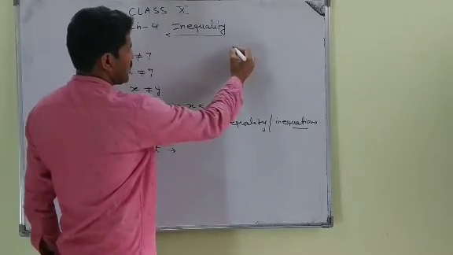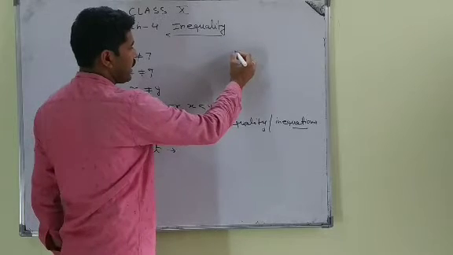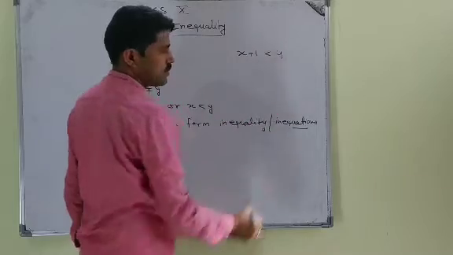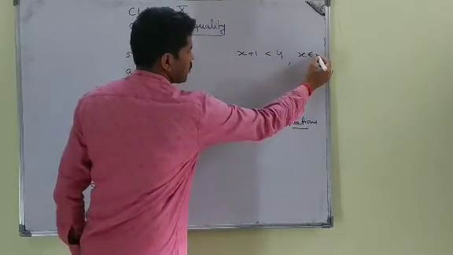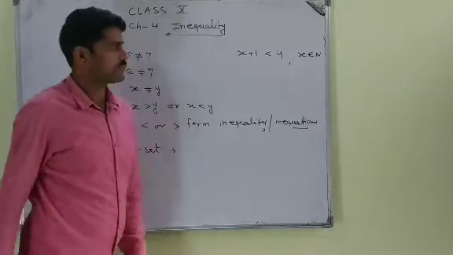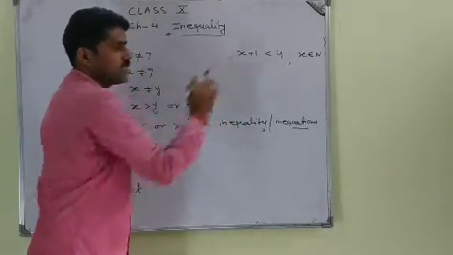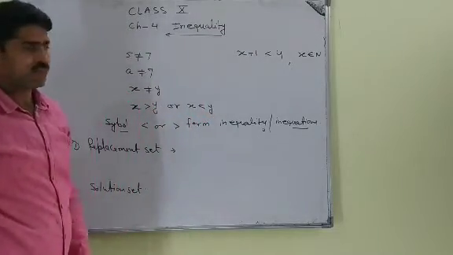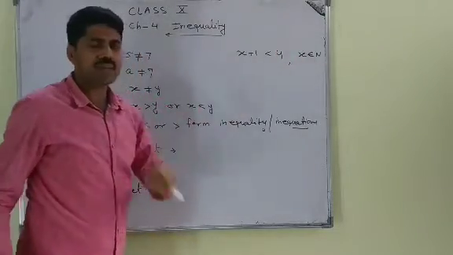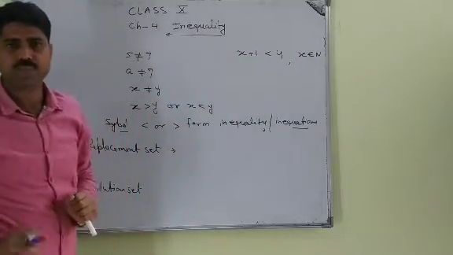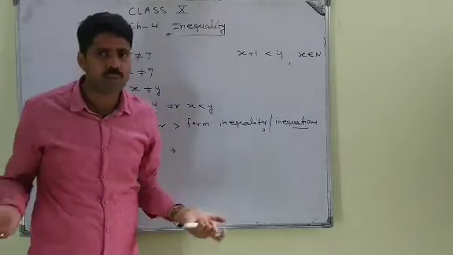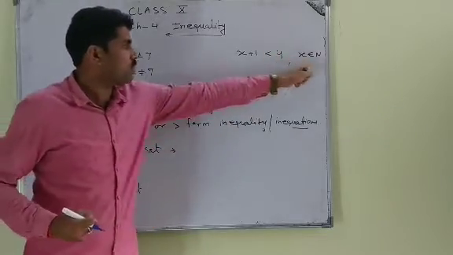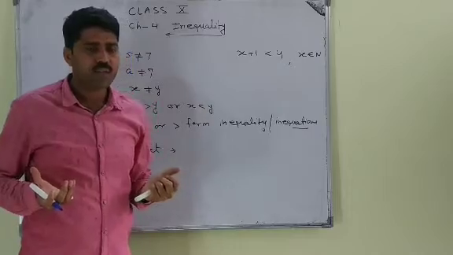I am taking one example of inequality: x plus 1 less than 4, when x belongs to natural number. This is simply an inequality. X is a natural number, so we can take the value of x from the set of natural numbers. What is a natural number?